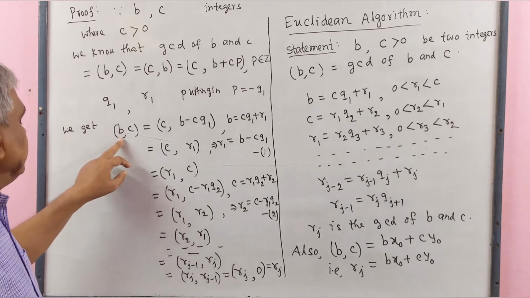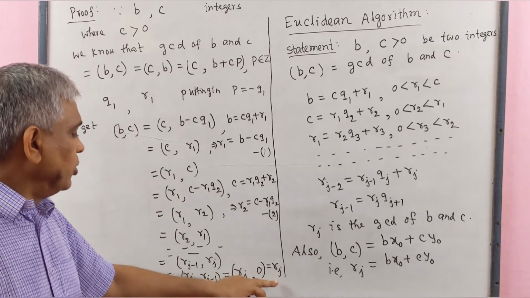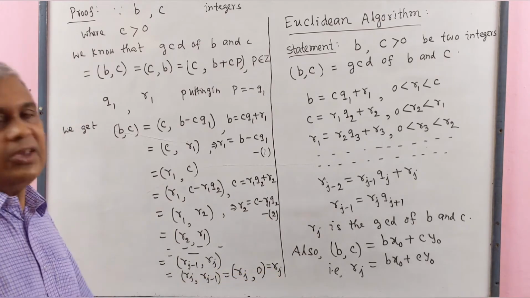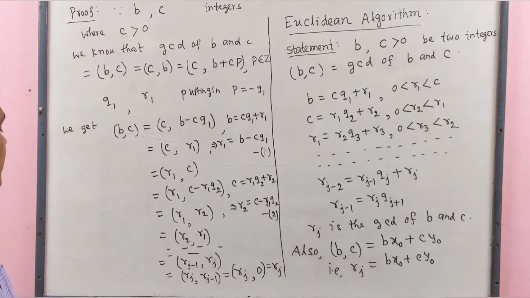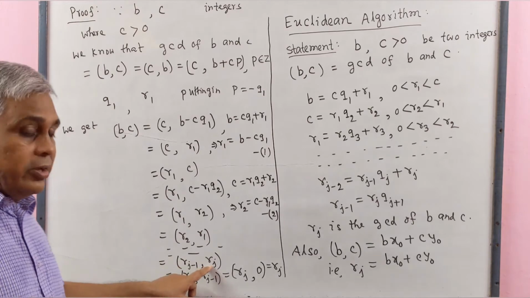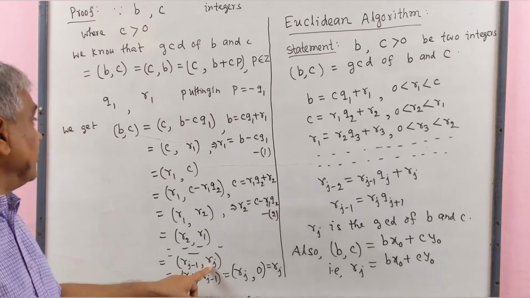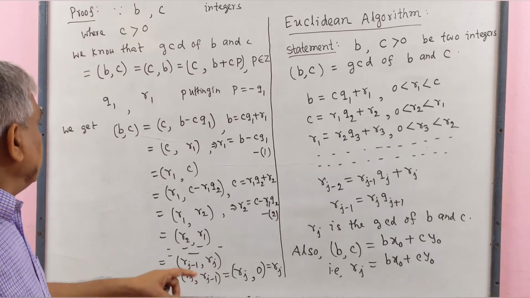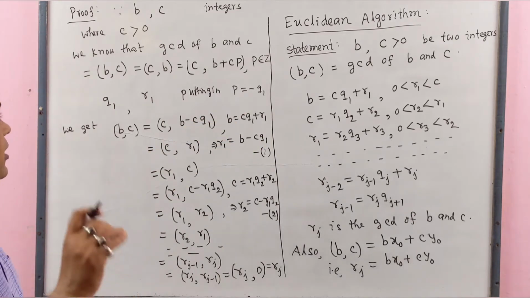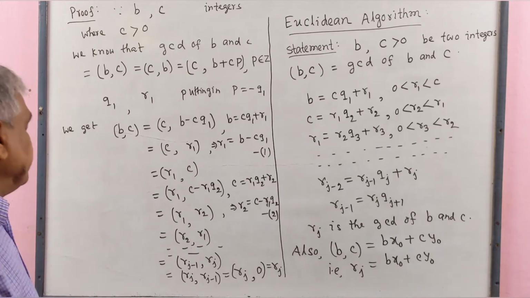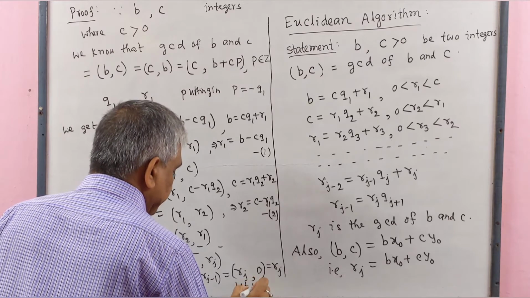Therefore, GCD of B and C will be equal to Rj. This Rj is the last non-zero remainder in the division process. So, we prove the first part of the Euclidean algorithm. First part proved.